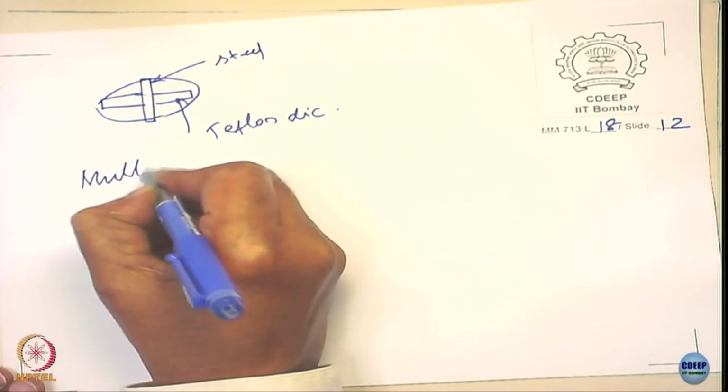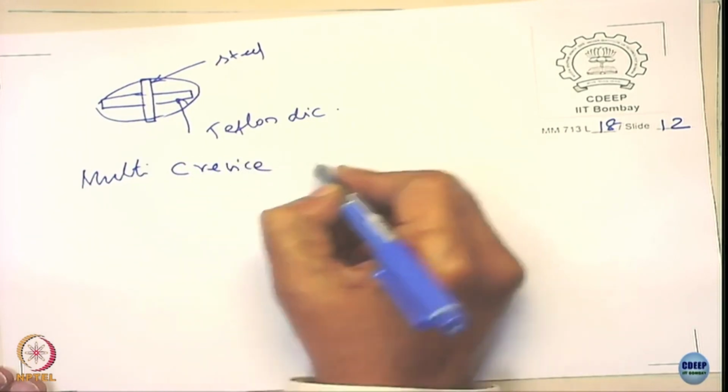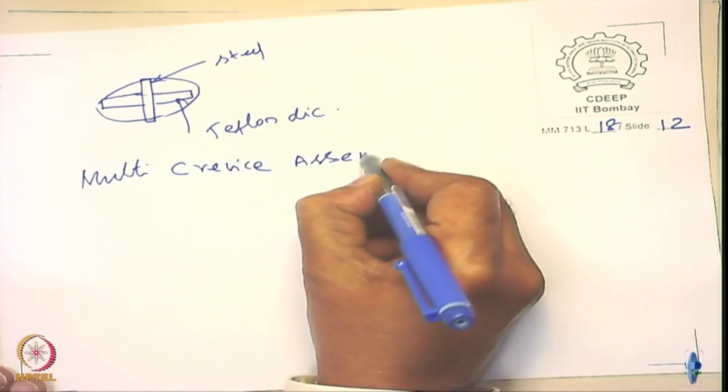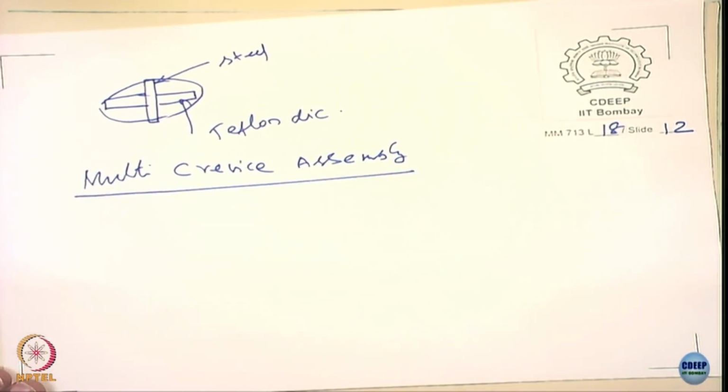If there is no corrosion, that means at that temperature the material is resistant to crevice corrosion. Now they also made a little bit more sophisticated setup that is called a multi crevice assembly, where in a single experiment you can have many crevices formed.